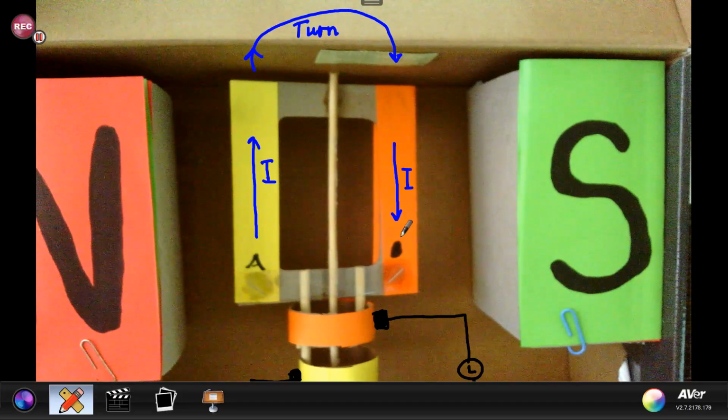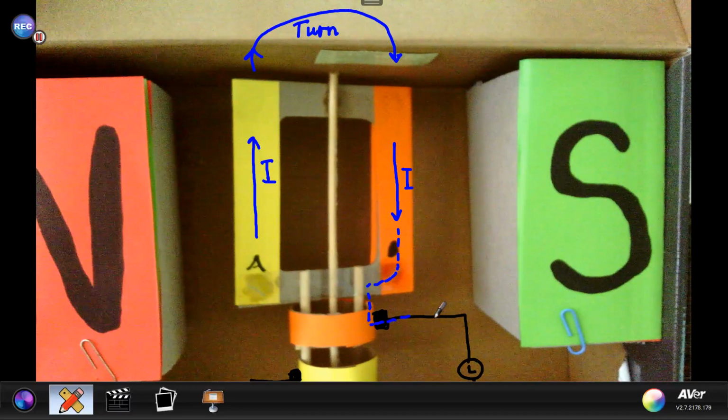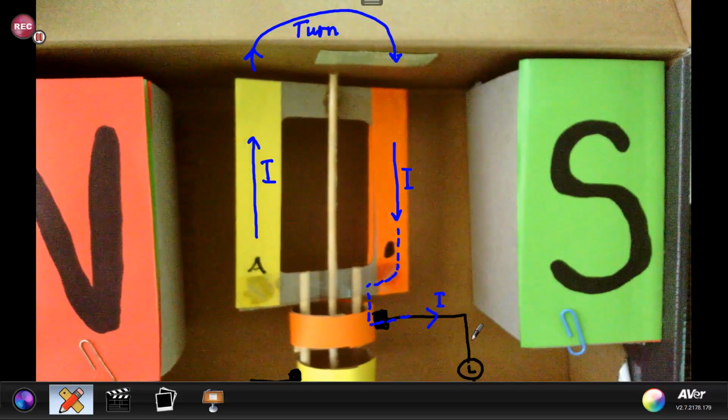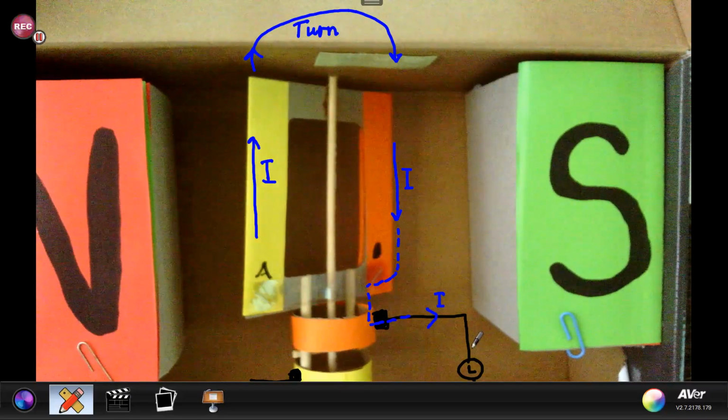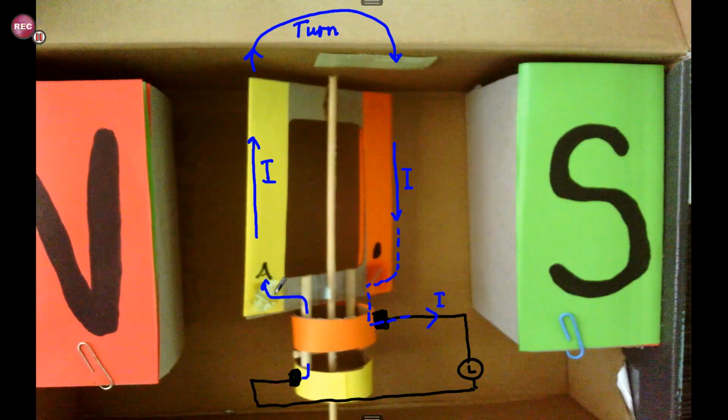So here the current comes, it goes down here, goes into the slip ring, and the current is in that direction. Am I right? While this thing is moving up like that, the current is in this direction and it comes in here. Sorry, my pen is in the way here. So it flows in this direction. That is the motion of the current in this coil.